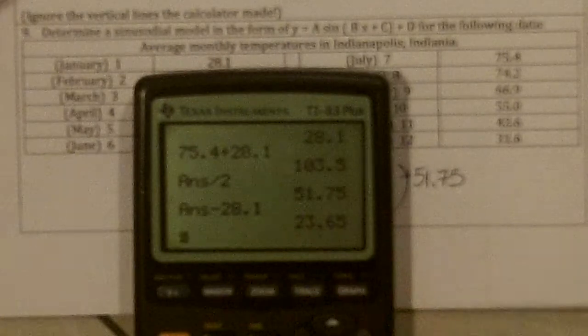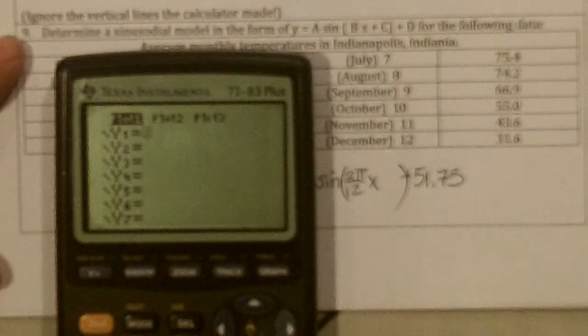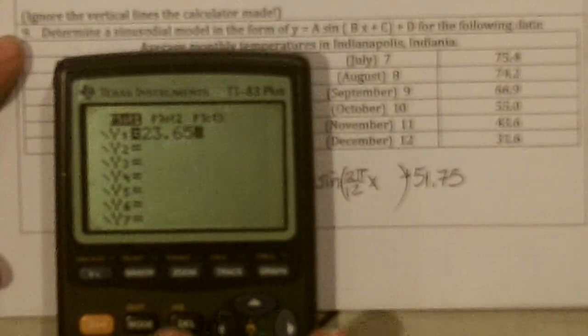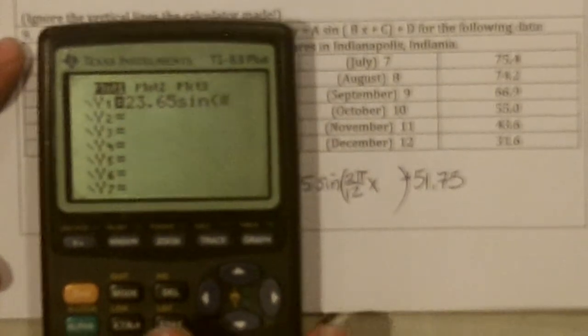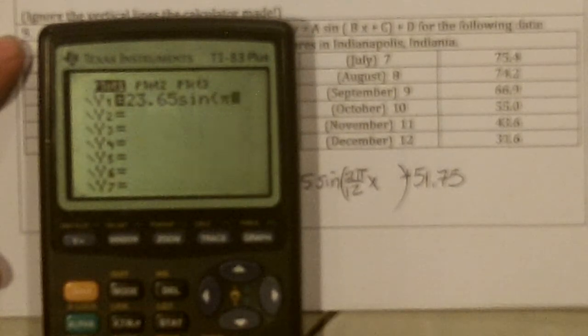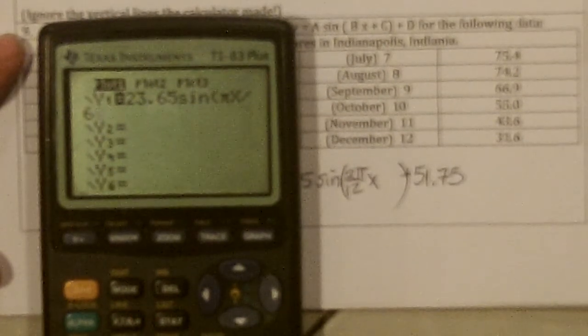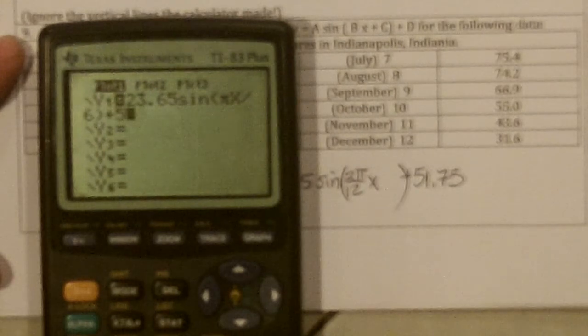And we'll take a look at what that looks like. So clear, I'm going to have 23.65 sine, parenthesis, pi times x divided by 6, close parenthesis, plus 51.75.